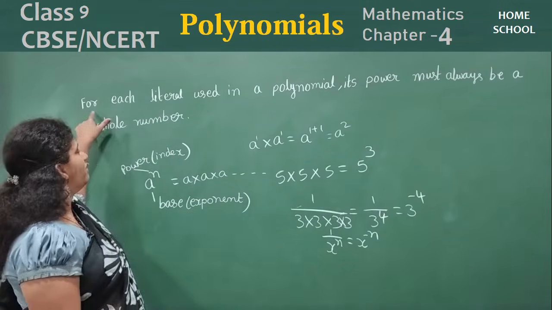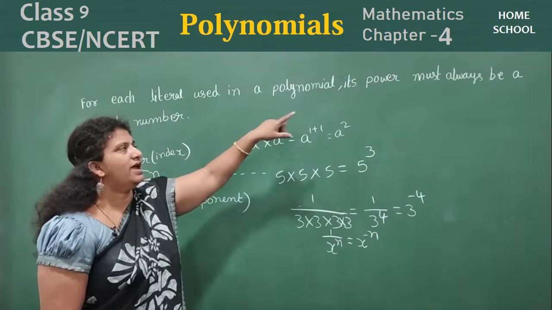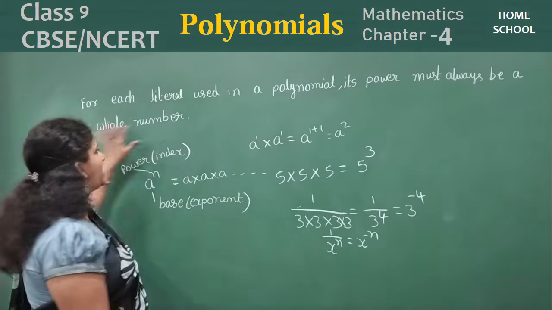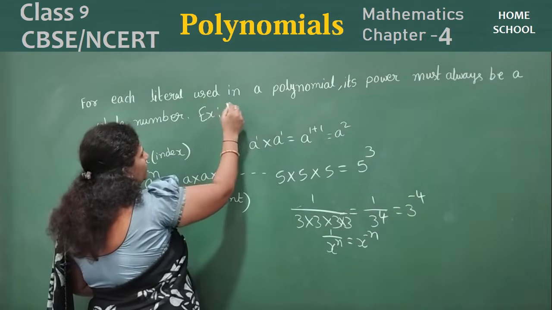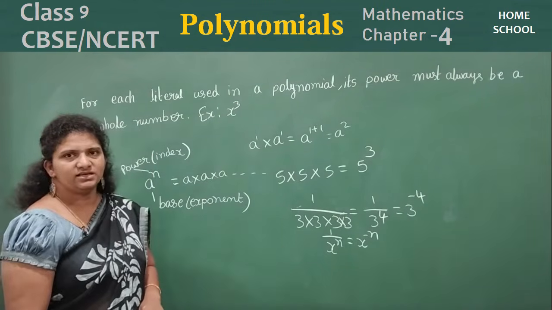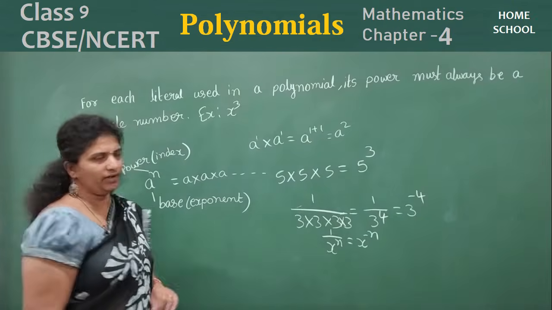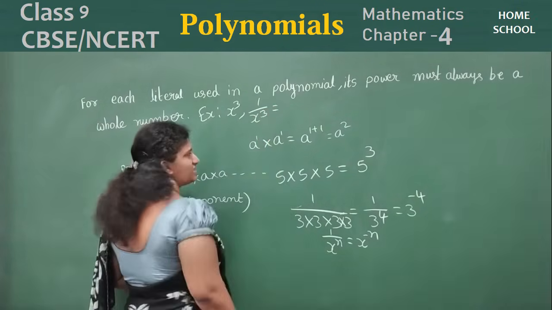So, look here. For each literal used in a polynomial, its power must always be a whole number. Example, suppose I take x cube. Yes, it is a polynomial. The same thing, if I write 1 by x cube, what happens here, children?